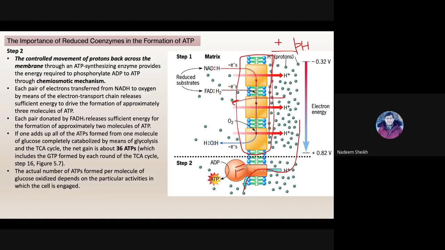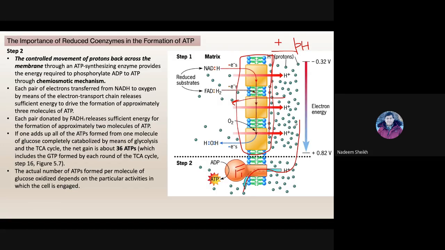ये बात clear है? So transfer to the peripheral space from the electron transport chain to the complexes. अभी मैं इसकी बात करूंगा आगे चल के. And coming back to the matrix is from F1 particle.